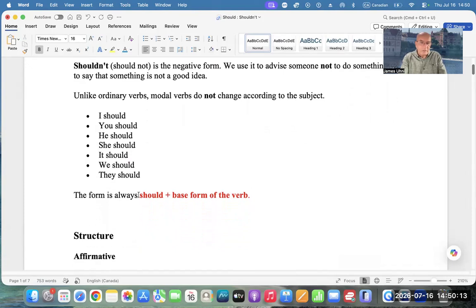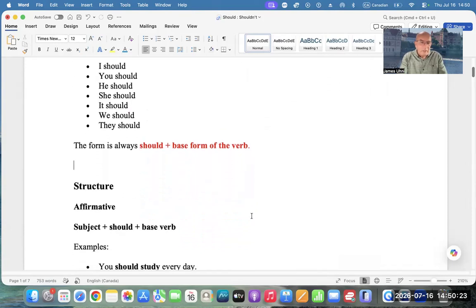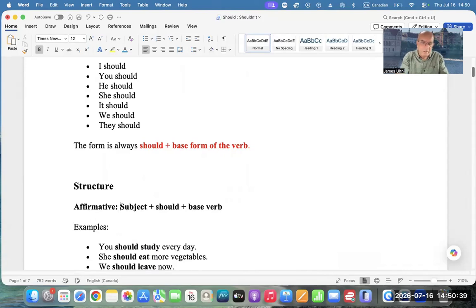Now this is said slightly differently than in the other lessons, but let's see how it works. The structure is affirmative. It is subject plus should plus base verb.